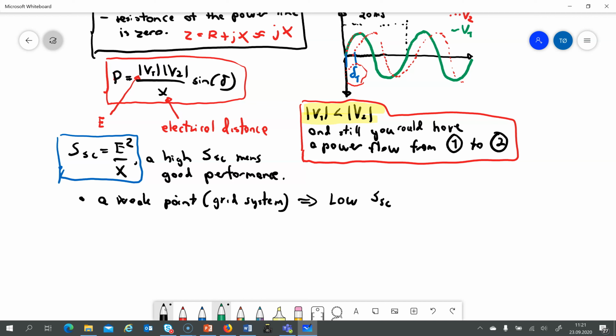So just with this simple expression, we can of course see that when we have high X, we get low E with the same voltage.